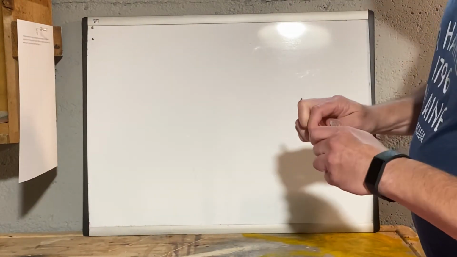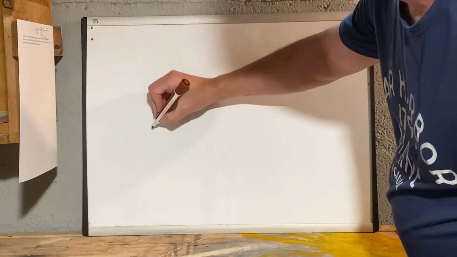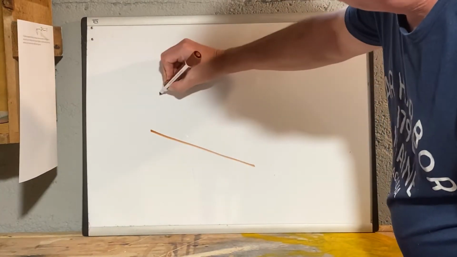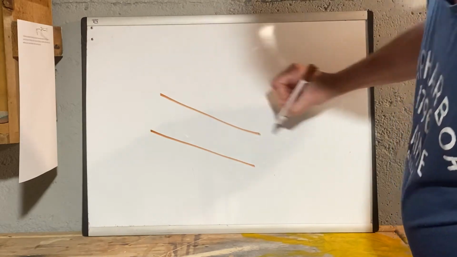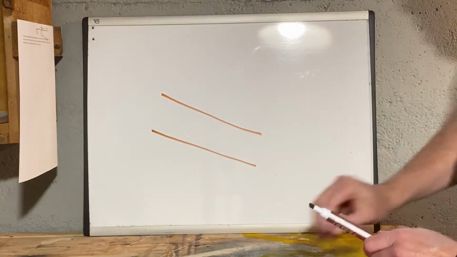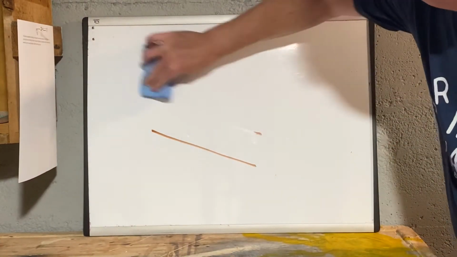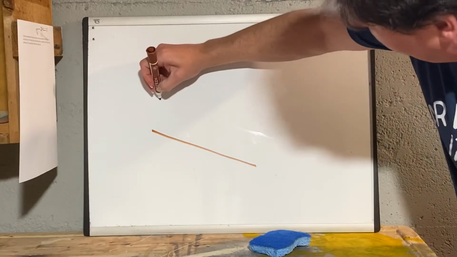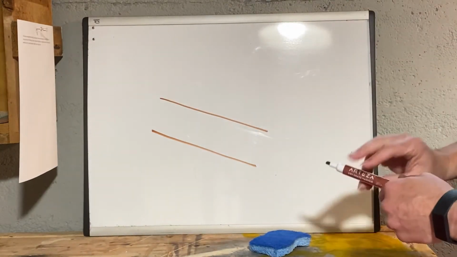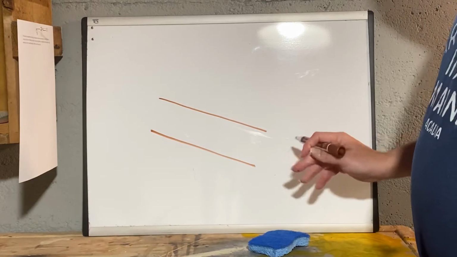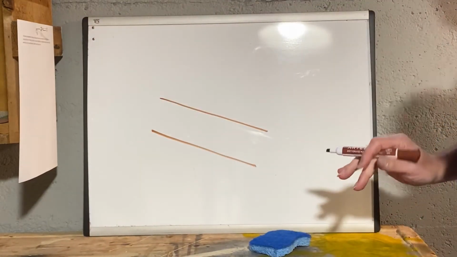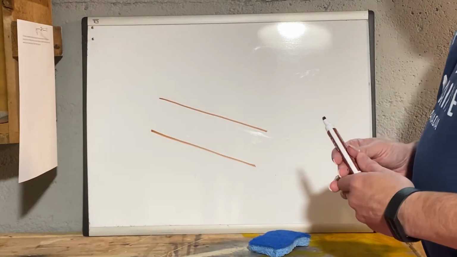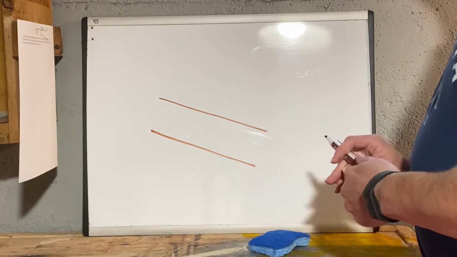I'm now going to draw two parallel lines. Not quite, pretty close. Let me try that one again. Pretty good. Those two lines, if they were to go on in both directions forever, would never intersect, as long as I got that exactly right.